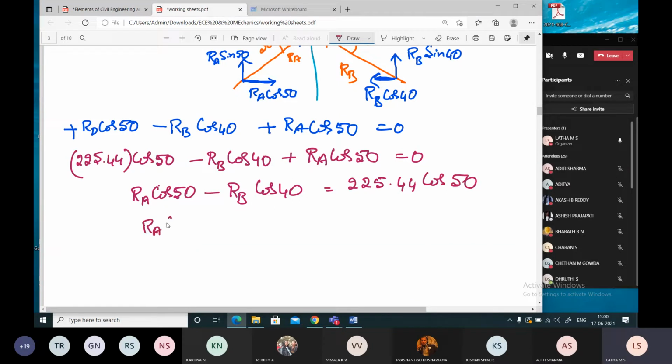RA cos 50 minus RB cos 40. What's the value of this, students? 225.44 into cos 50. What's the value? Ashish: 144.910.